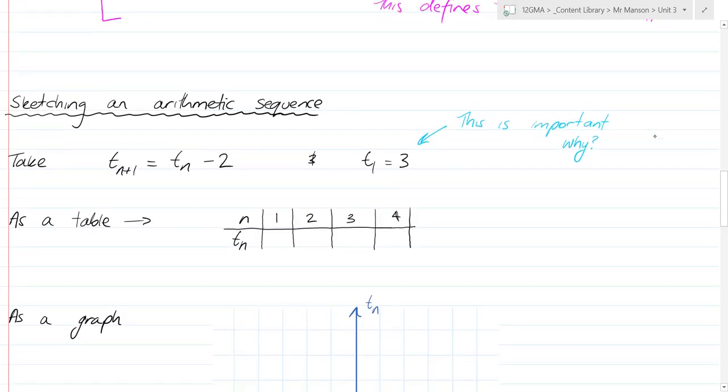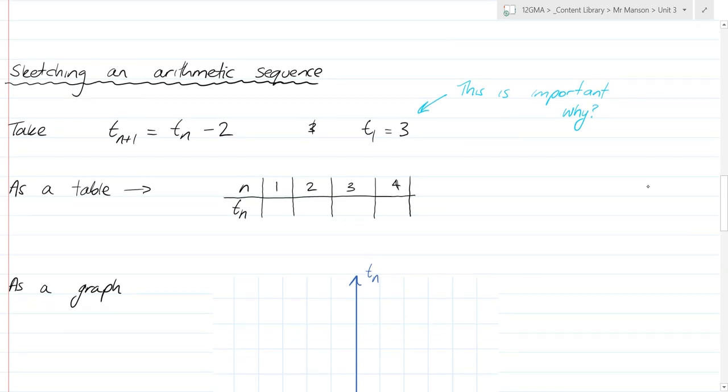Now, just quickly sketching. Take the recursive sequence, Tn plus 1 equals Tn minus 2, where the first term is 3. So T1 equals 3. What's the second term? 1, it is 1.